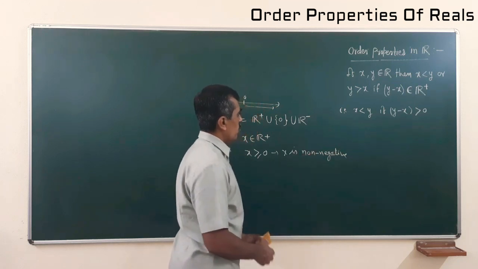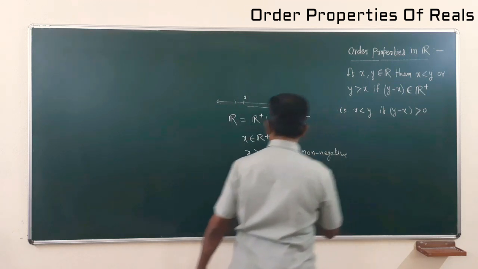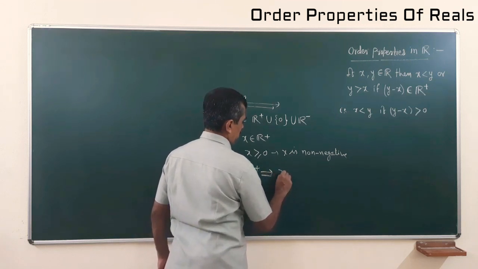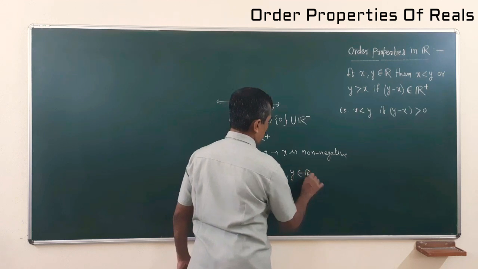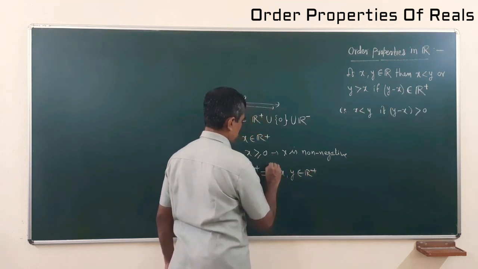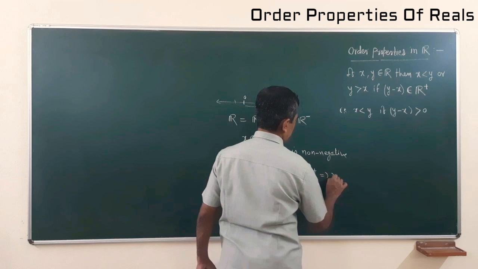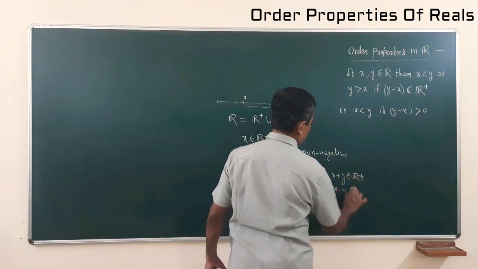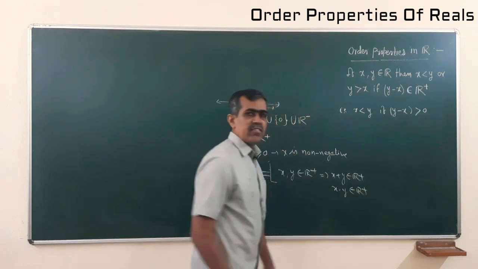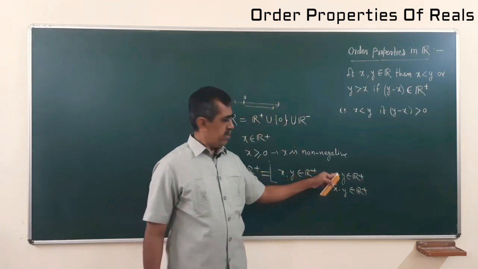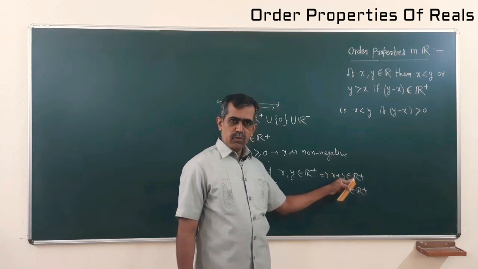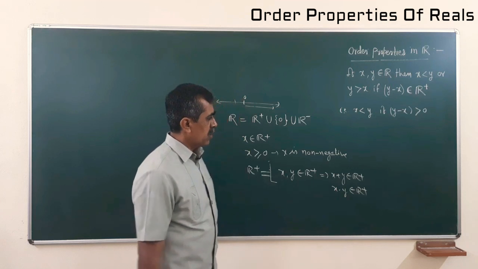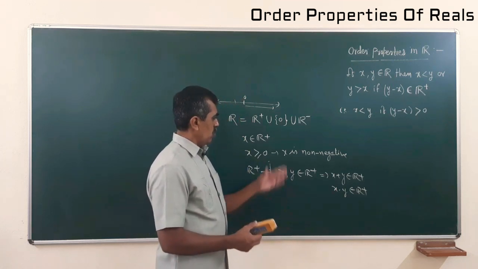So what are the properties of R plus? x, y belongs to R plus implies x plus y belongs to R plus and x into y belongs to R plus. So R plus is closed with respect to addition and closed with respect to multiplication.